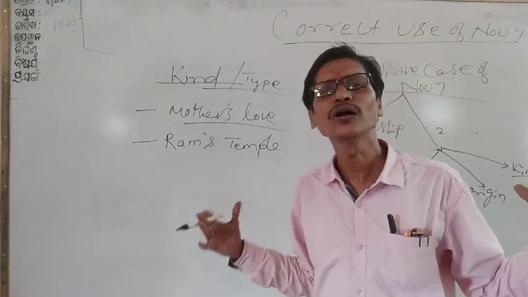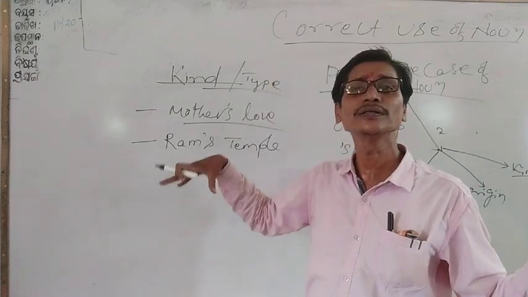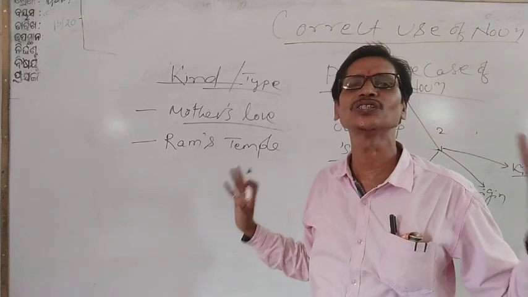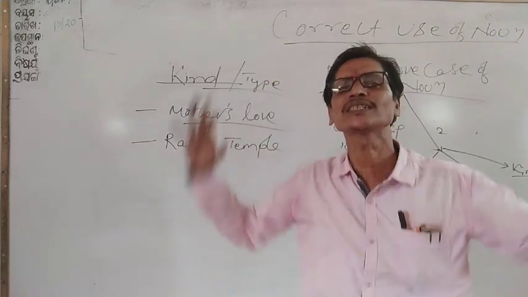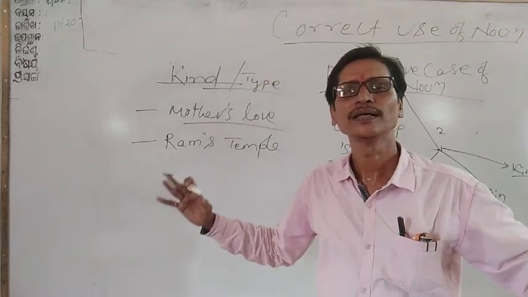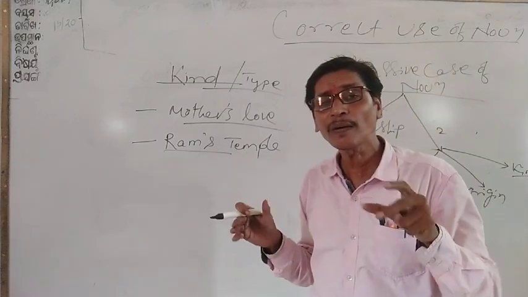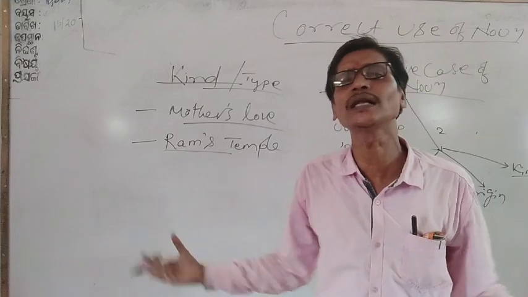Generally people don't know, but those who have knowledge about religion and about the construction of different temples know what the differences in structures and construction should be. Therefore, when we are talking about Ram's temple, we are talking about a specific temple that cannot be equal to other temples.